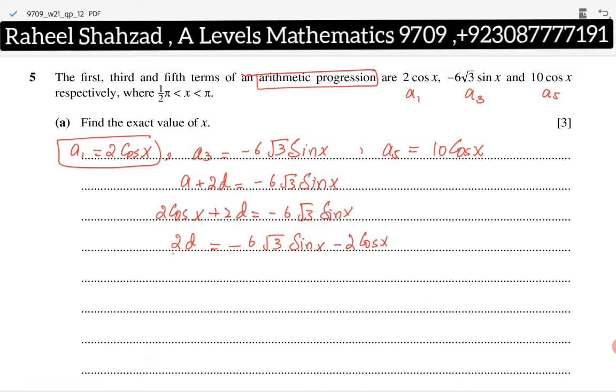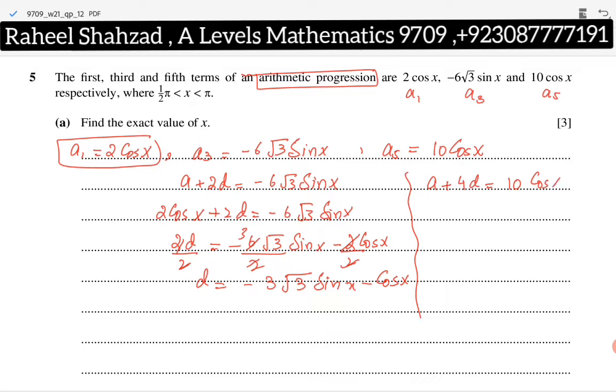And then you can divide the whole term by 2, that will make it d is equal to minus 3 under root 3 sin x minus cos x, right?